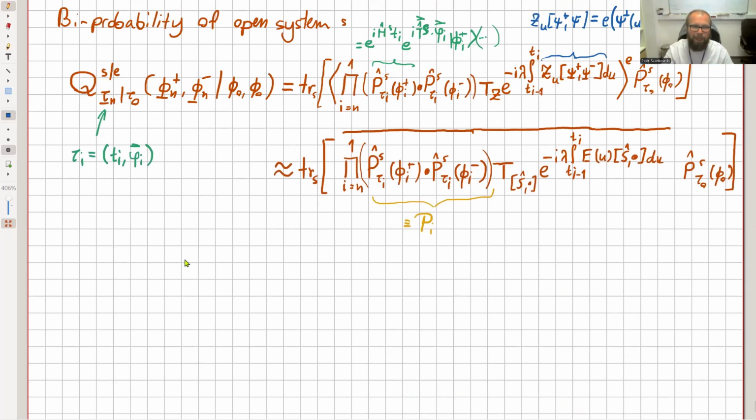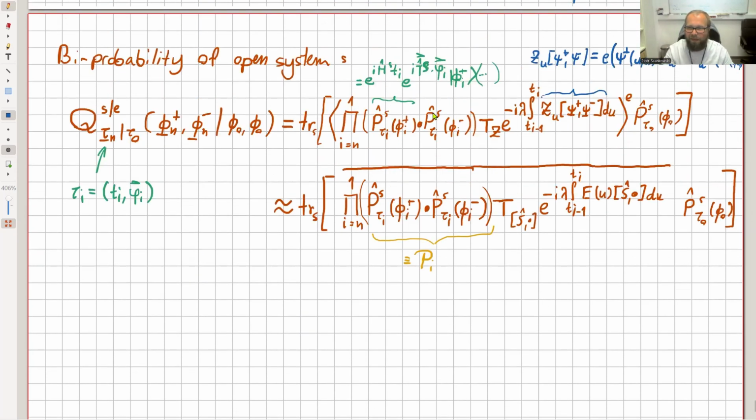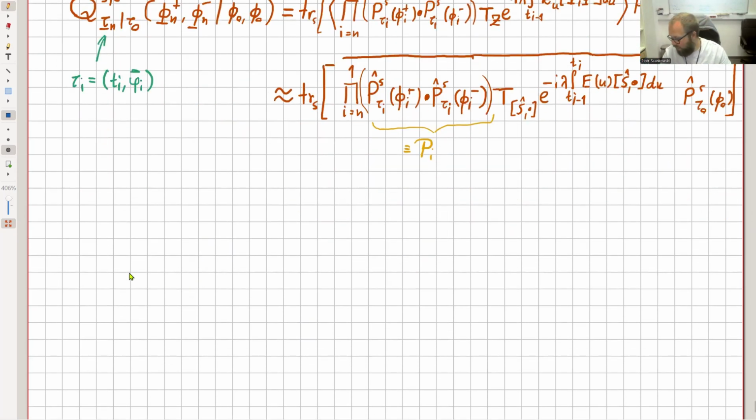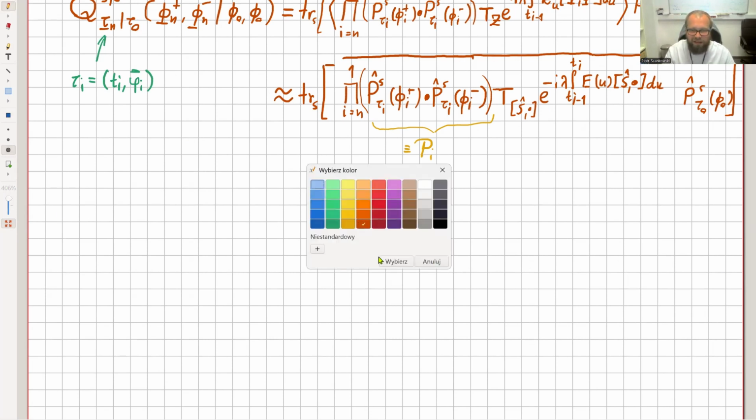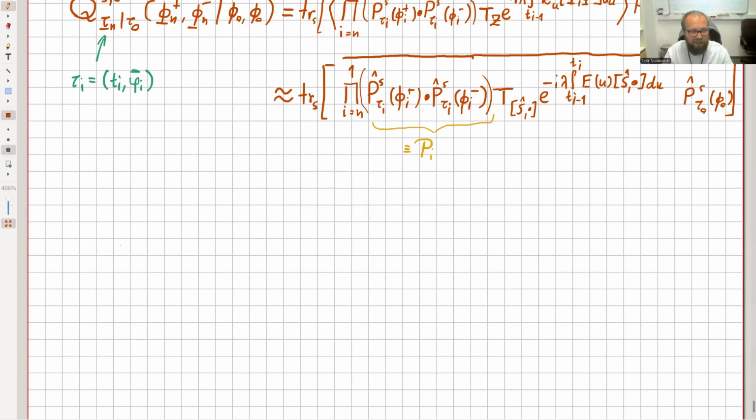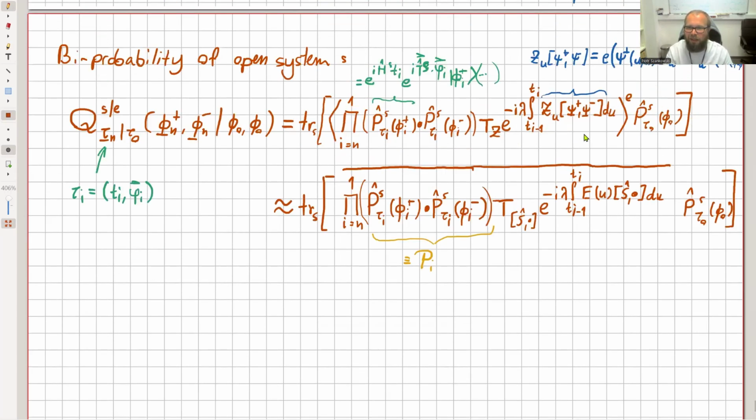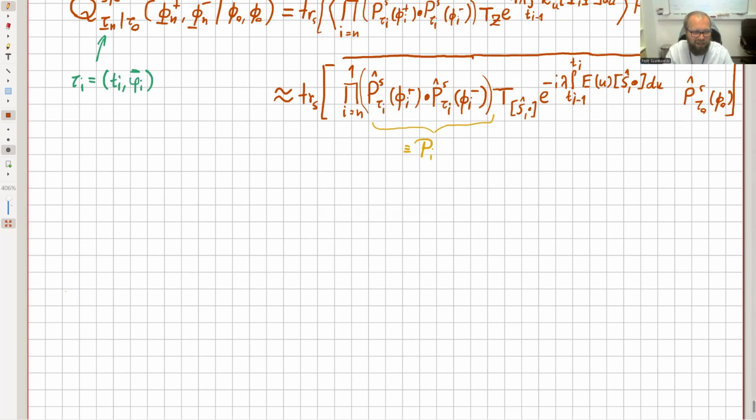So now one more thing I will do to simplify or enable our analysis. Let's consider some arbitrary moment of dynamical variables.